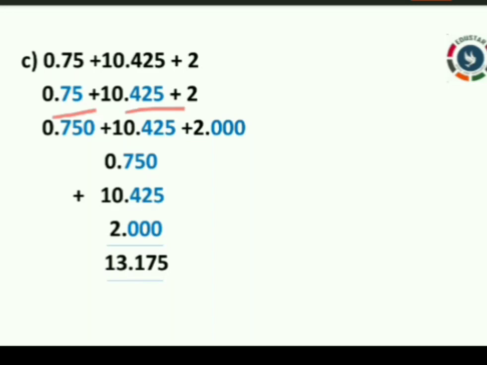Your greatest decimal place is the 1000th place, right? So 0.750 plus 10.425 plus 2.000. First you have to line up these decimals, then add. You will get the answer as 13.175.